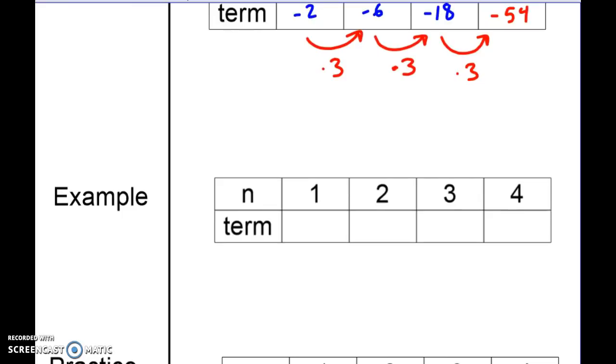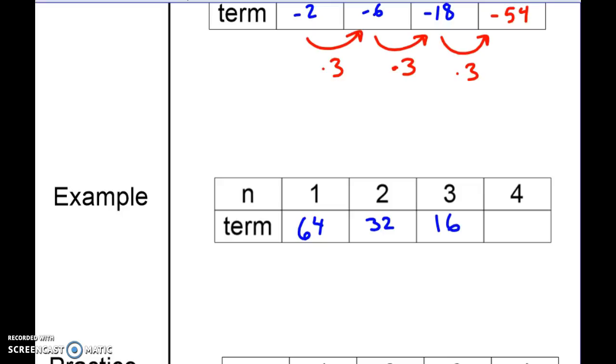In the table here, the first three terms are 64, 32, and 16. This is one where I have to remind students that we're always multiplying. Even though we're going down, we don't divide. A lot of people think the common ratio in this case is dividing by 2, when it really isn't.